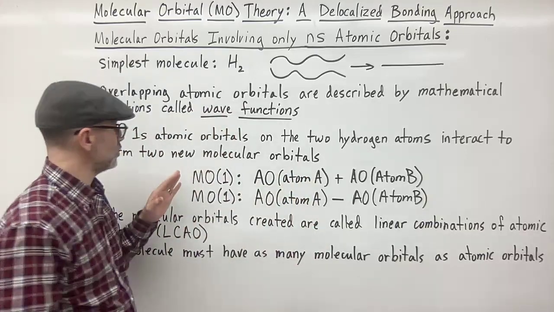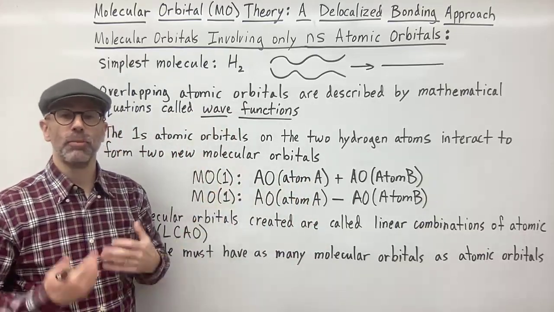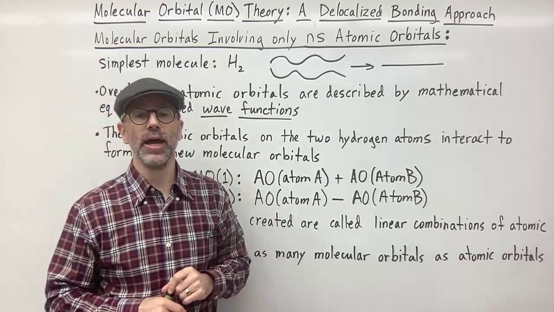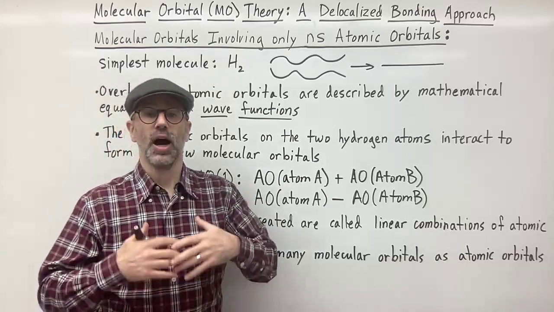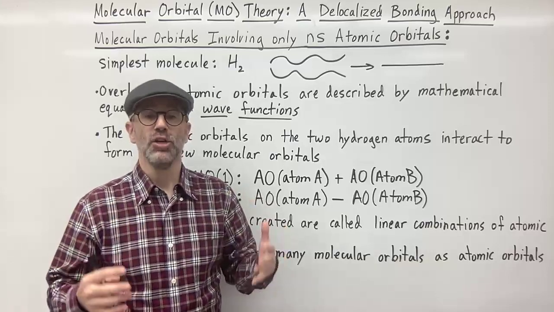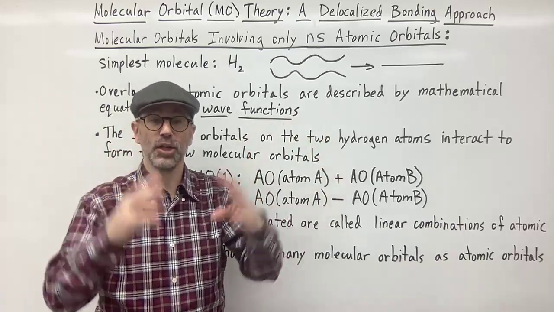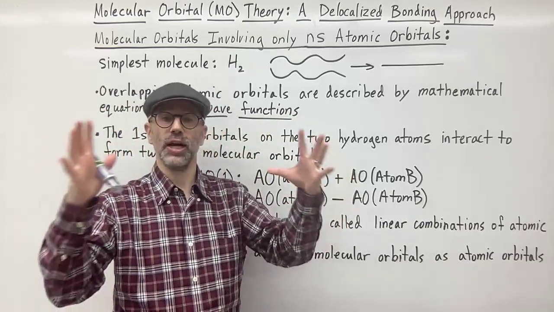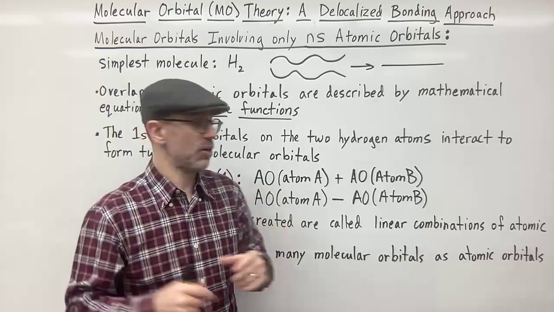So that's what happens with molecular orbitals. The formation of molecular orbitals from atomic orbitals occurs in the same way because we're thinking about electrons in terms of waves. When the two electrons come together in their orbitals, they're going to interact in the same way that waves interact.